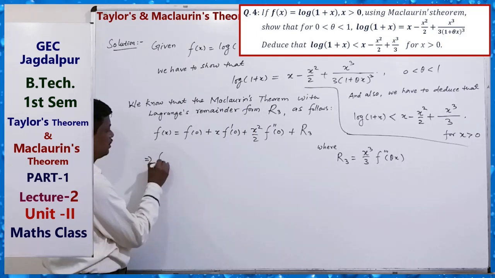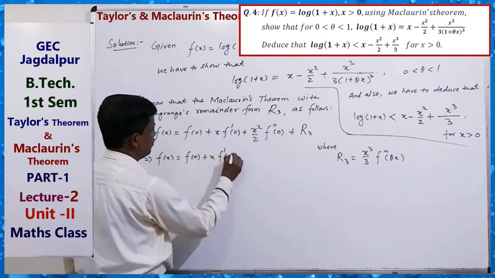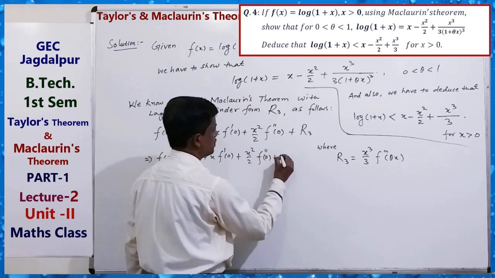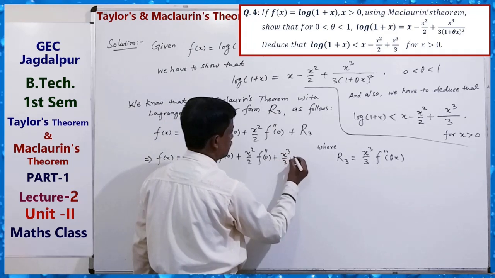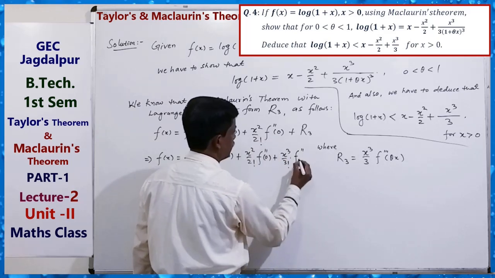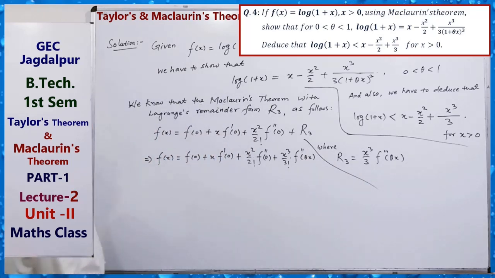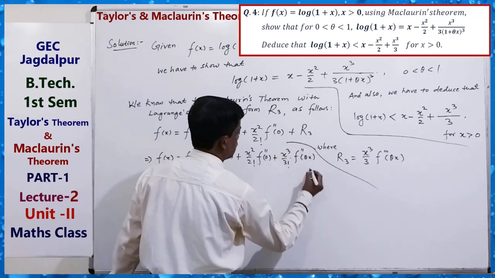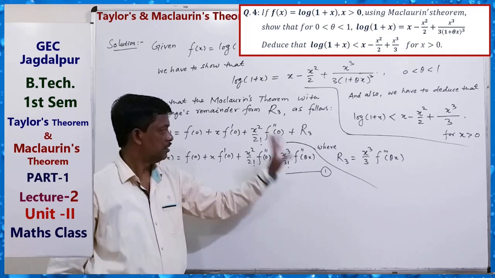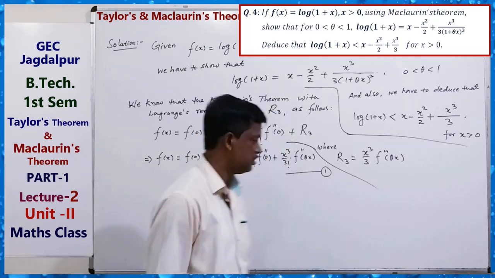That implies f(x) equals f(0) plus x f'(0) plus x square by 2 f''(0) plus x cube by 3 f'''(theta x). So this is equation 1, with the remainder up to R3 like this. Clear? Now just put all the values first.